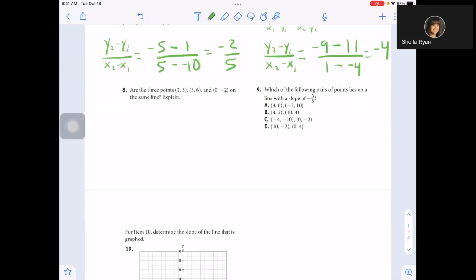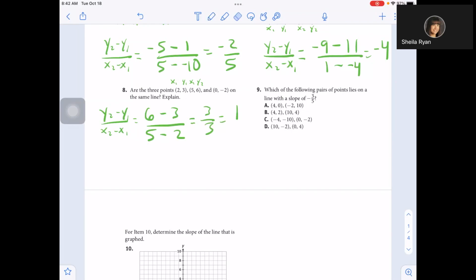Number 8 says, are the 3 points on the same line and to explain. So we can do x1, y1, x2, y2, and find that slope. y2 is 6, minus y1 is 3, x2 is 5, minus x1 is 2. 6 minus 3 is 3, 5 minus 2 is 3, and 3 divided by 3 is 1.